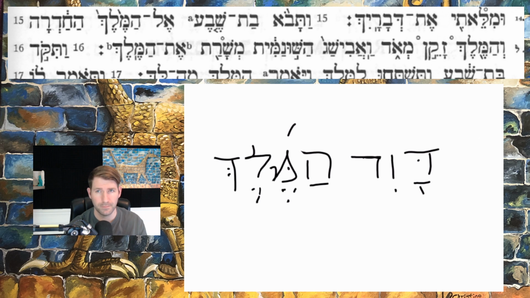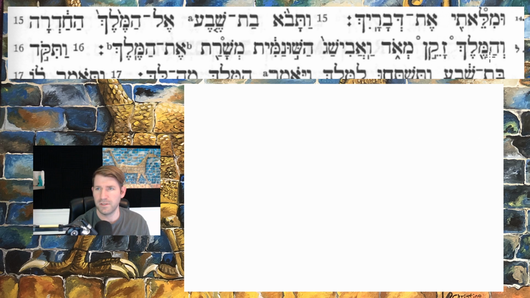Let's see why. Right. Sorry, I got sidetracked. But here we've got the verbless clause is the word that I'm searching for. So David is the king, no linking verb there. So v'hamelech zaken me'od. And the king was zaken me'od, no linking verb here, was very old.